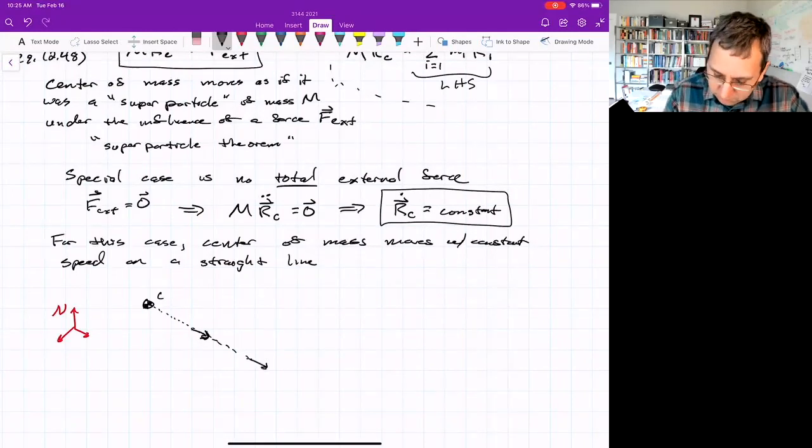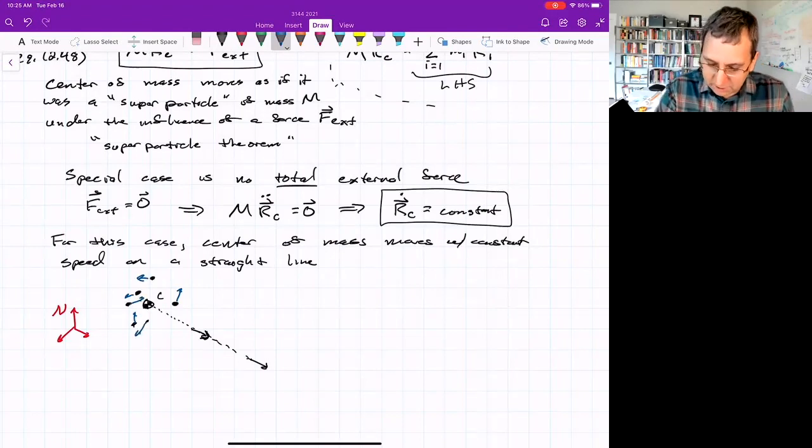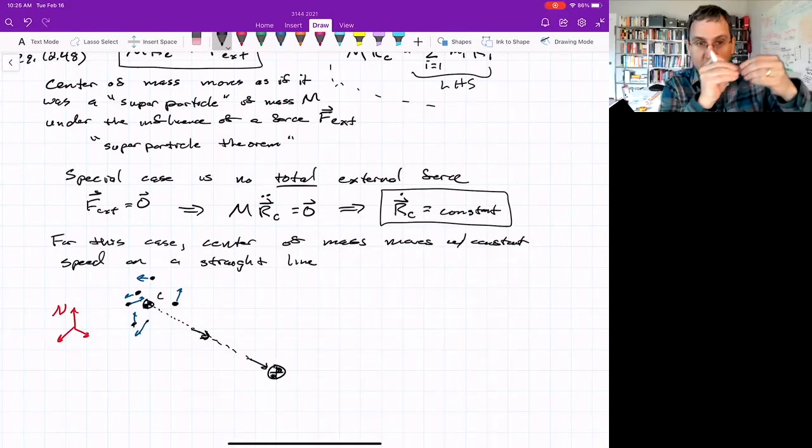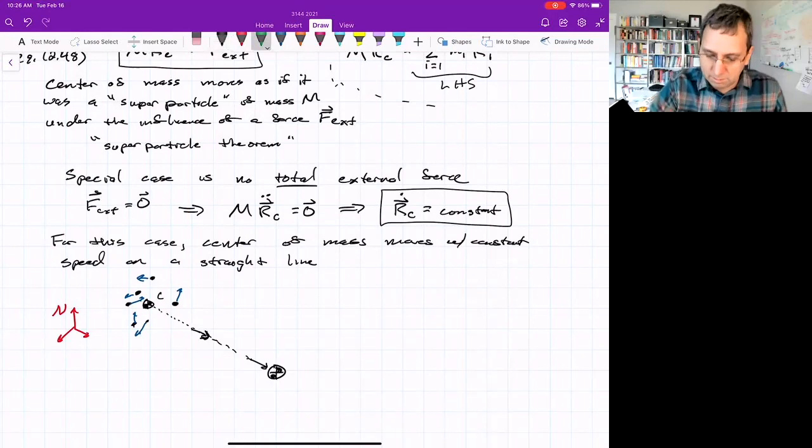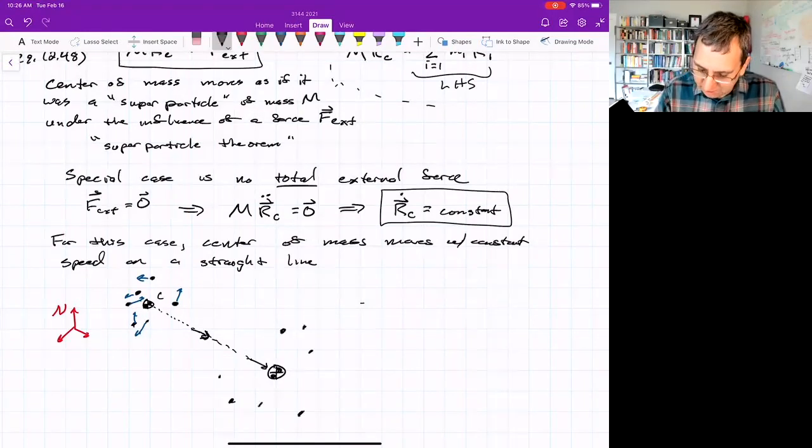Here's the initial location of this cloud of particles, and they've all got their own motions. I don't know what they're doing, something. At some later time, the center of mass has just stayed moving on this straight line. The particles might have spread out, maybe. But the center of mass is still doing its thing.